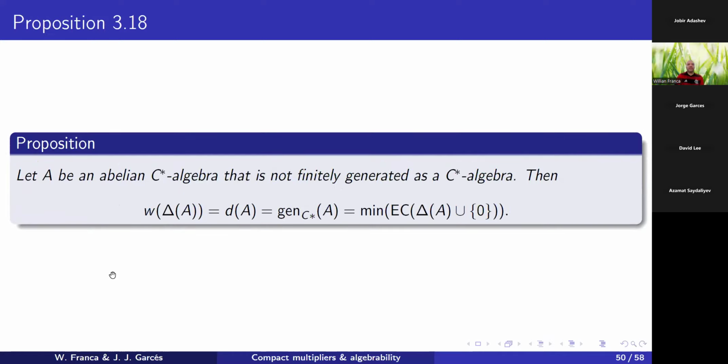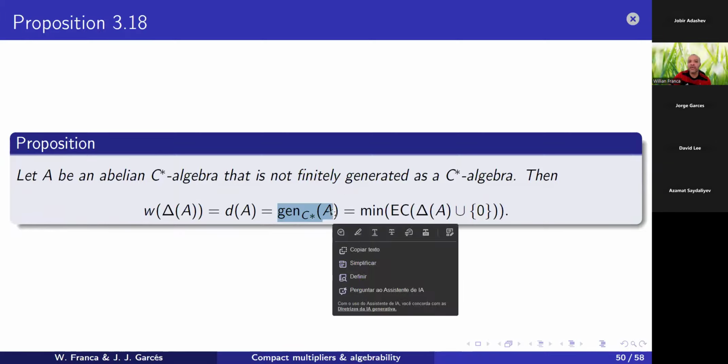If A is an abelian C-star algebra that's not finitely generated as a C-star algebra, we do have a way to compute this number, which equals the density character, the cardinality of the smallest dense subset of A, which is equal to the weight of Delta A, the smallest cardinality of, if I'm not mistaken, a basis for the topology.